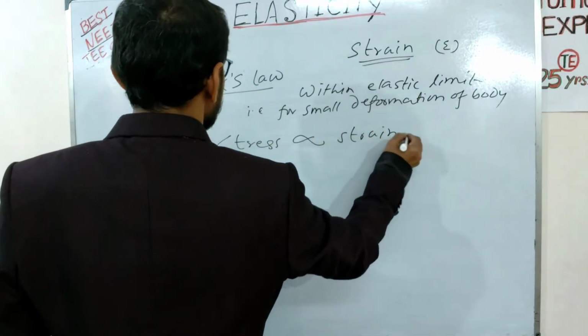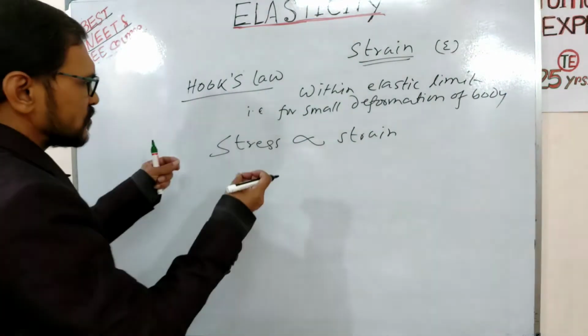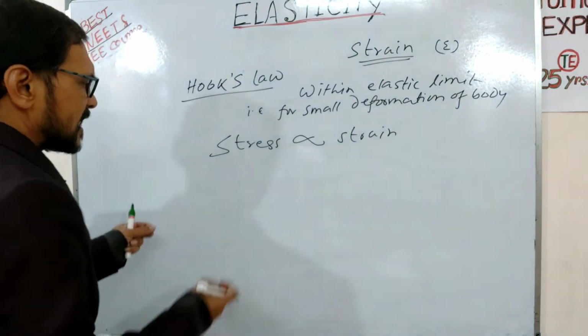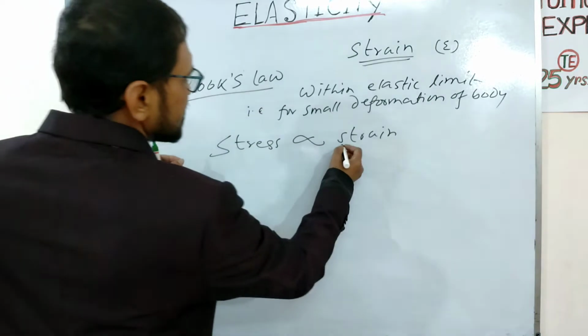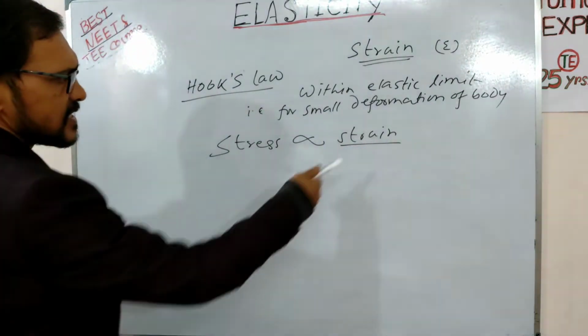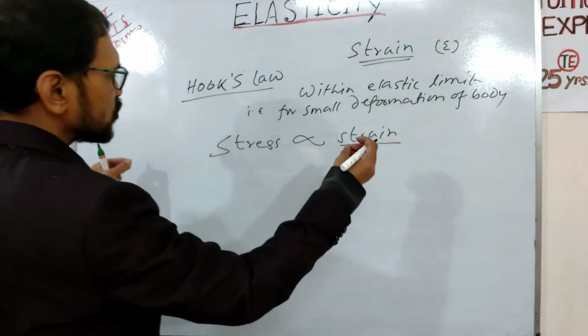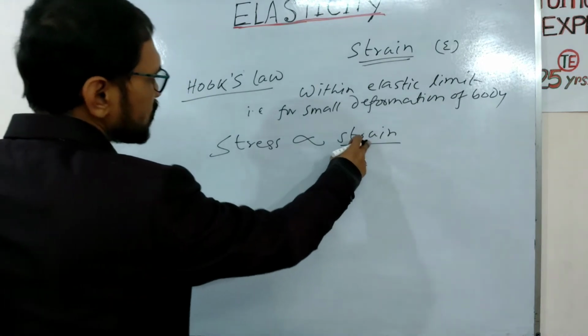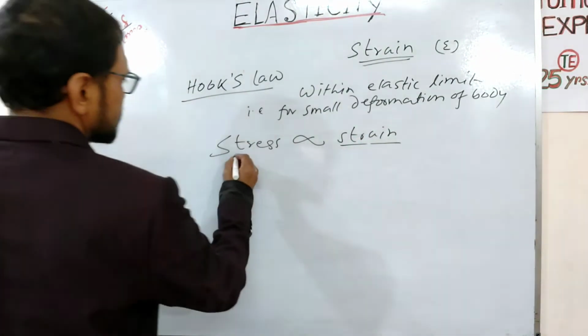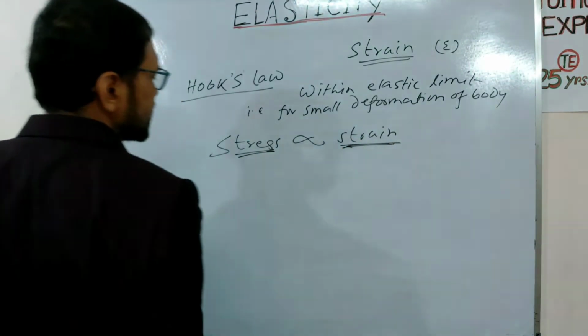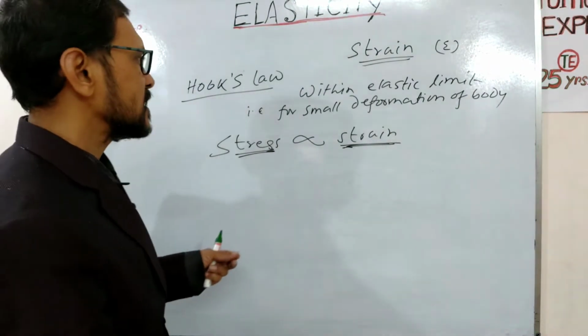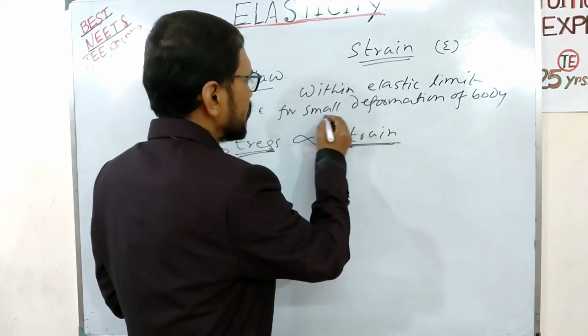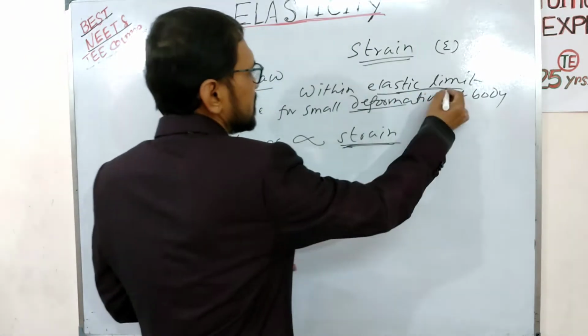This is Hooke's law. That is, as we apply less stress, less increase of length occurs, so less strain develops. And if we apply more stress, more increase of length occurs, so more strain is developed. That's why we say stress is proportional to strain within a small deformation, within the elastic limit.